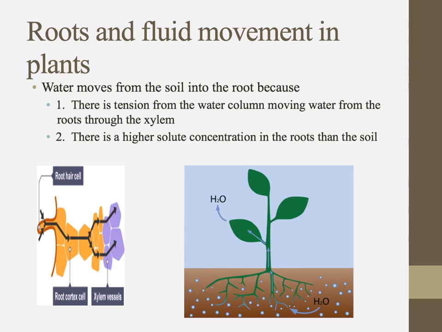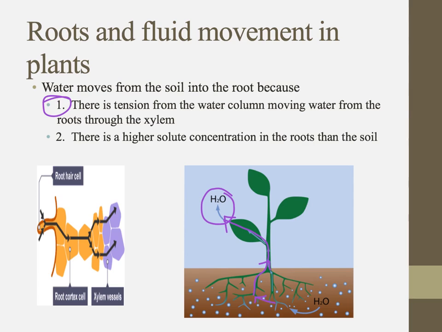Okay, so that water that's in the soil, hopefully, unless you're in some kind of bone-crushing drought, is going to move into the root for two reasons. First of all, we talked about the tension from the water column. As water is evaporating here, it's pulling up water from the xylem that's pulling water out of the roots, and that tension pulls water from the soil into the roots.